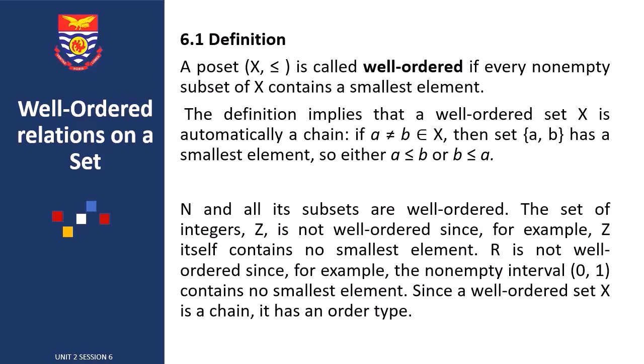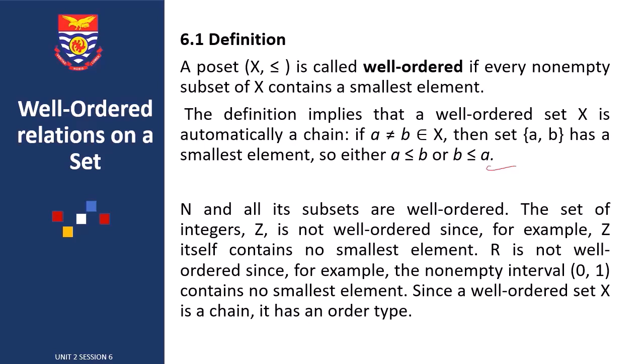So this definition implies that a well-ordered set X is automatically a chain. If A, which is not equal to B, are members of X, then the set {A, B} has a smallest element. So either A relates to B or B relates to A, and it contains that smaller element.